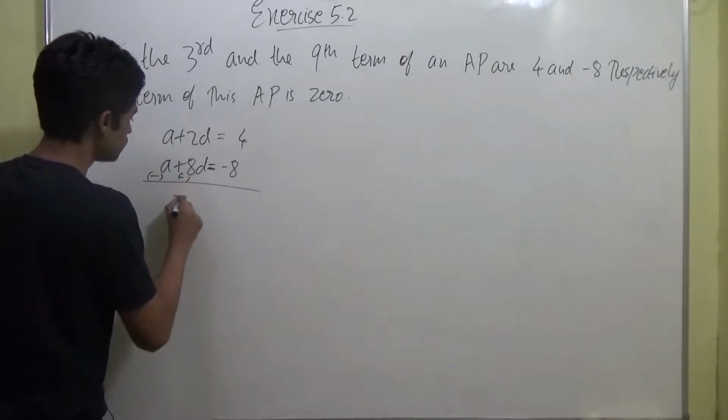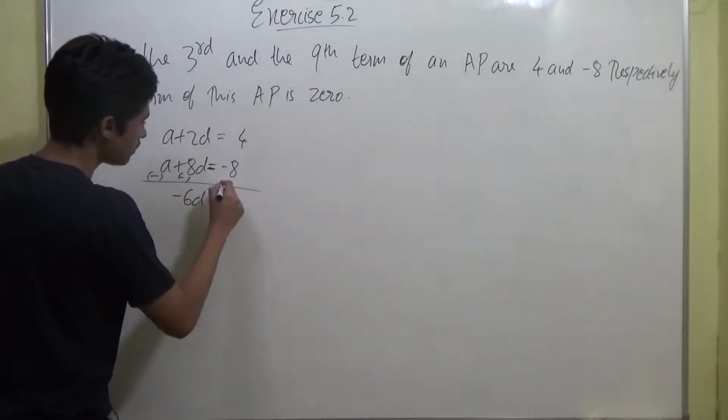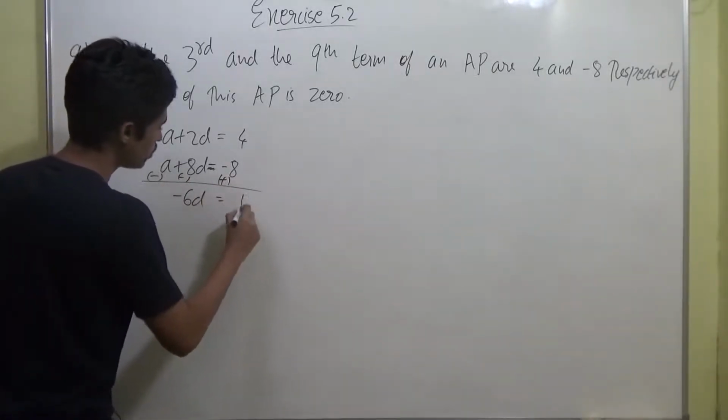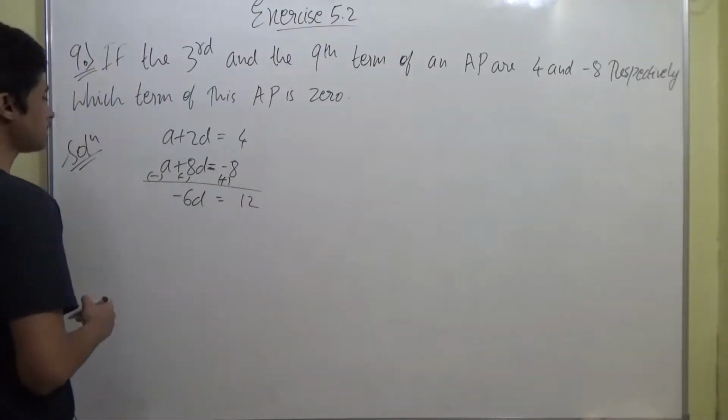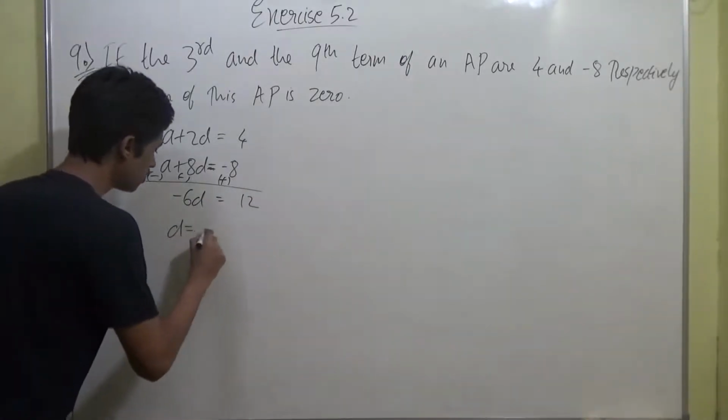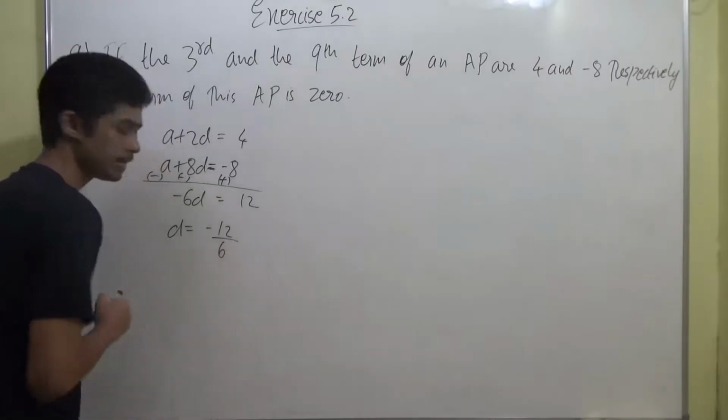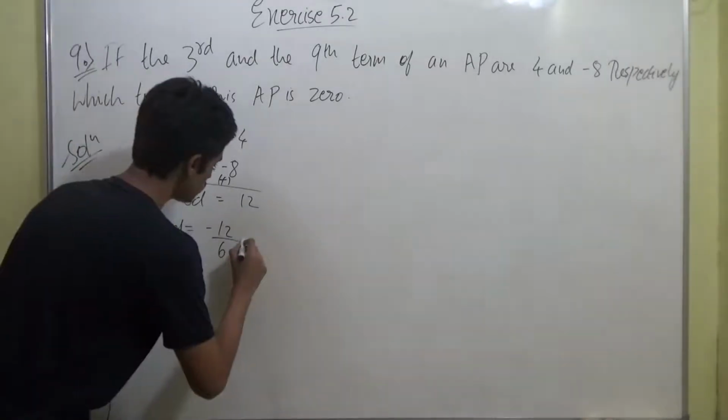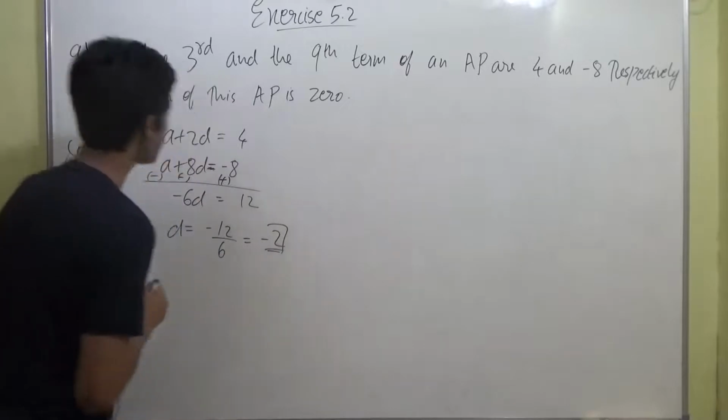Subtracting, this becomes minus 6d. So this minus will become plus, equal to 12. Getting it, guys? So d will become equal to minus 12 by 6 equal to minus 2. So d we got as minus 2.